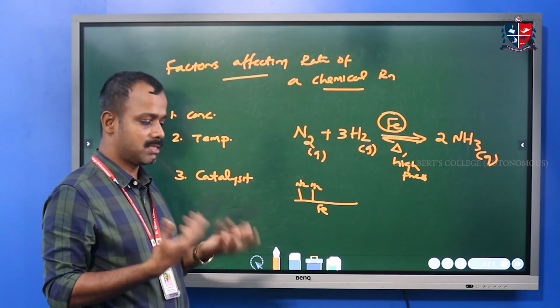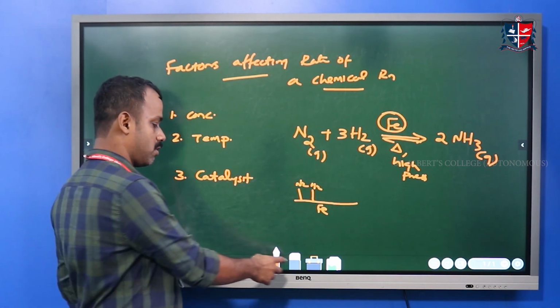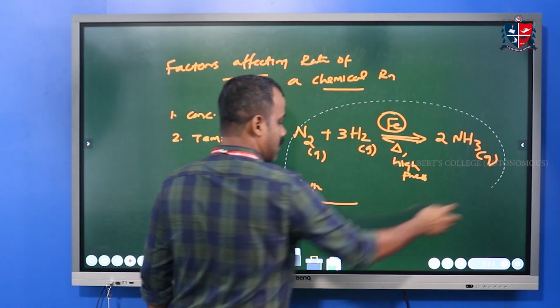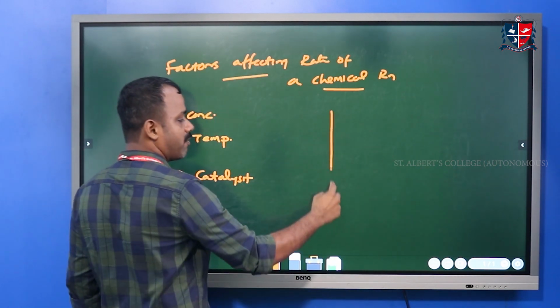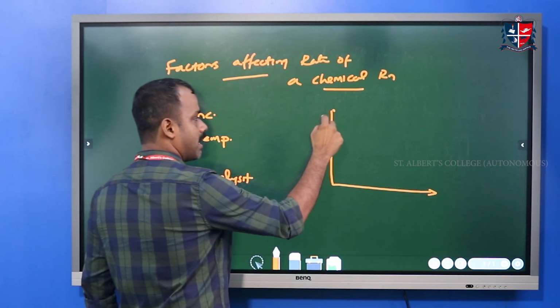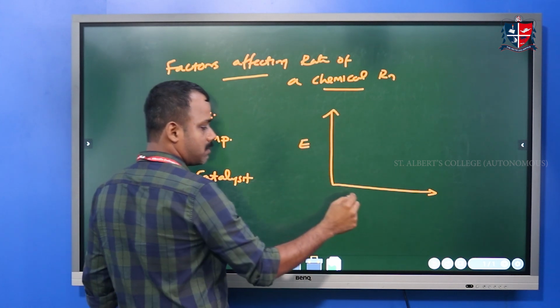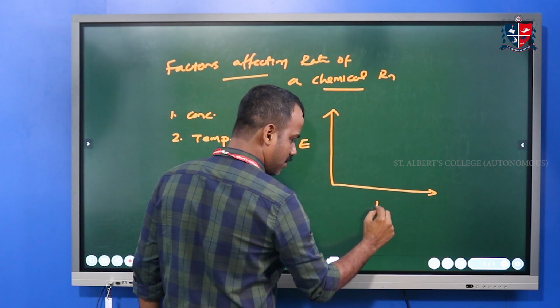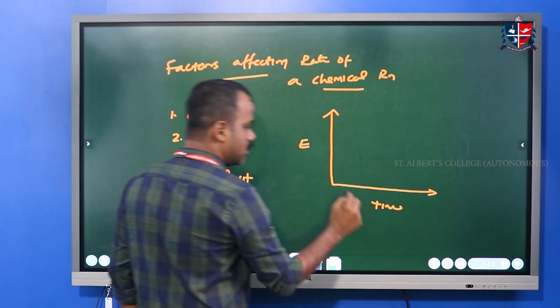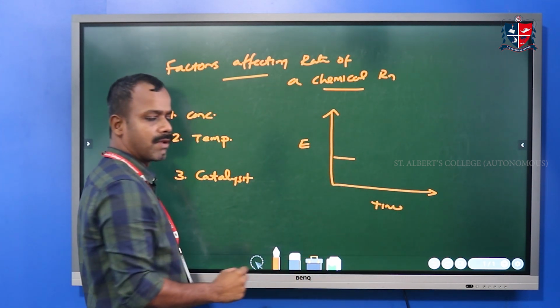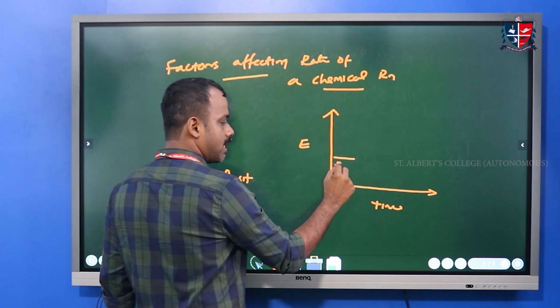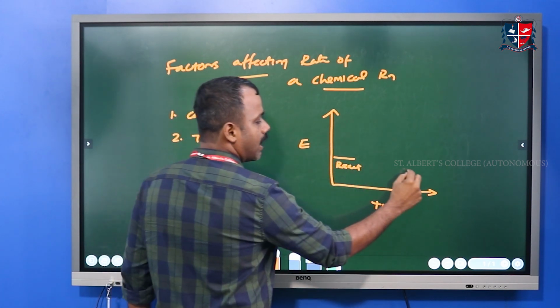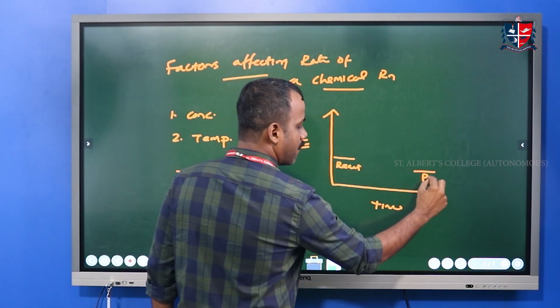Now, how does this catalyst increase the rate of a chemical reaction? If we look at the energy profile diagram, we have energy here, and here it can be time. So this is the energy of reactant, and this is the energy of product.